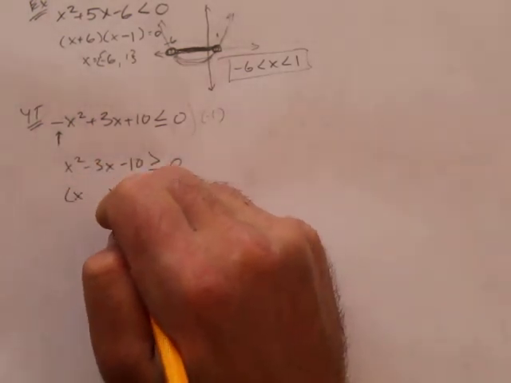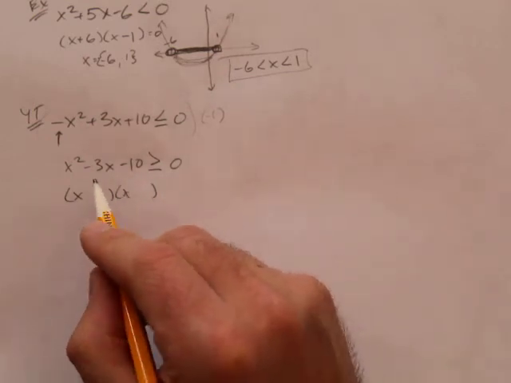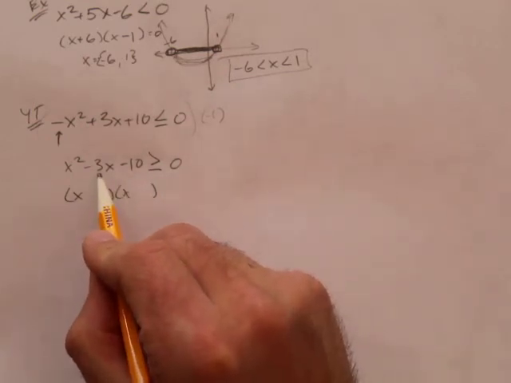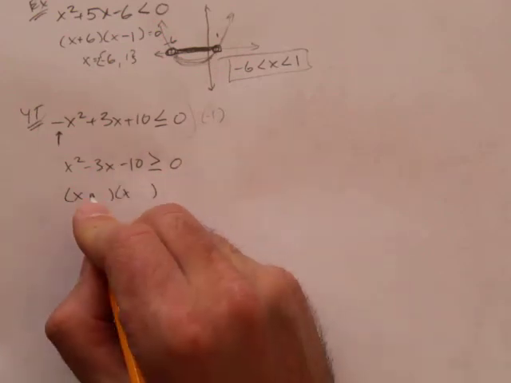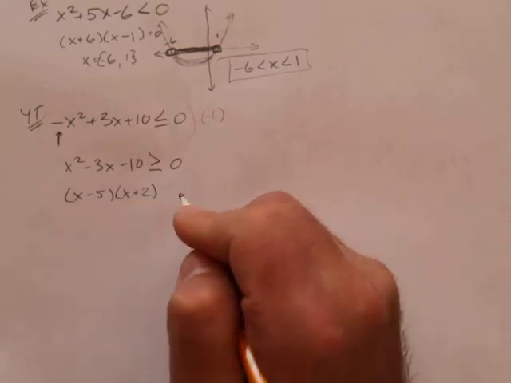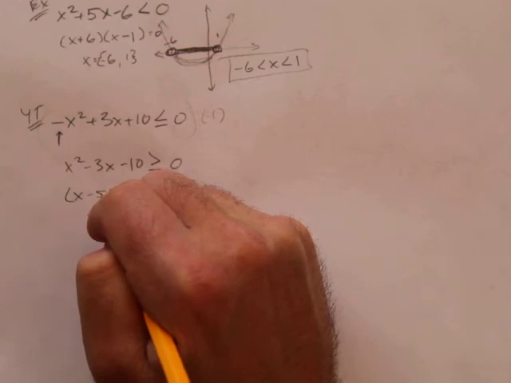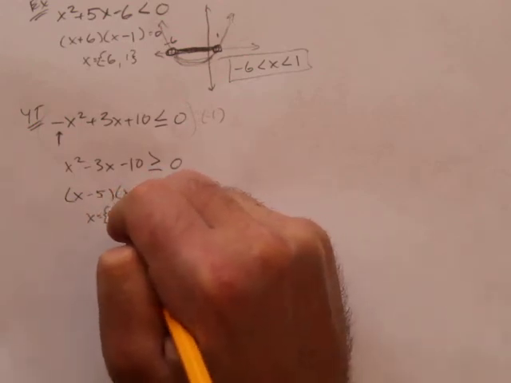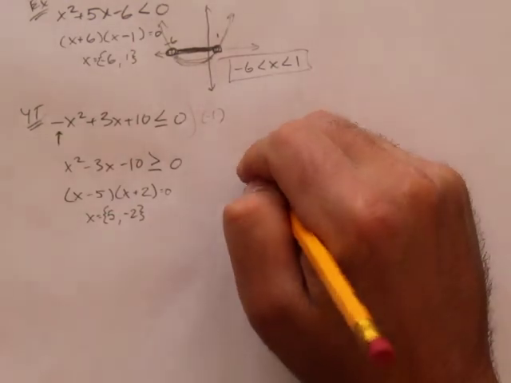x times x plus something, x minus something. What do I put in here? What do I add together to get negative 3, multiply together to get negative 10? That would be negative 5 and positive 2. Set that equal to 0. I get x equals positive 5 and negative 2. So now I'm going to graph this thing.